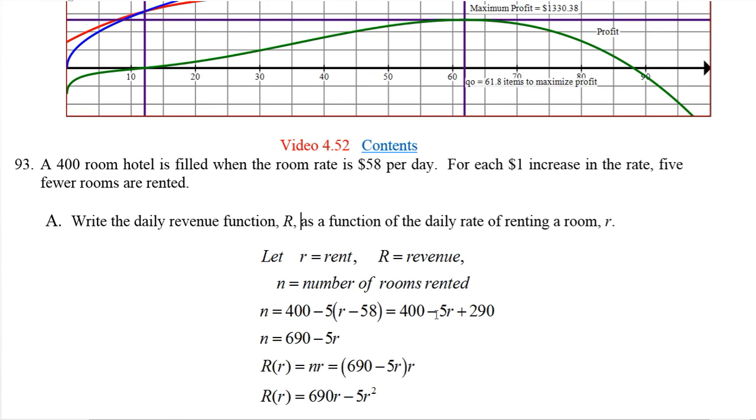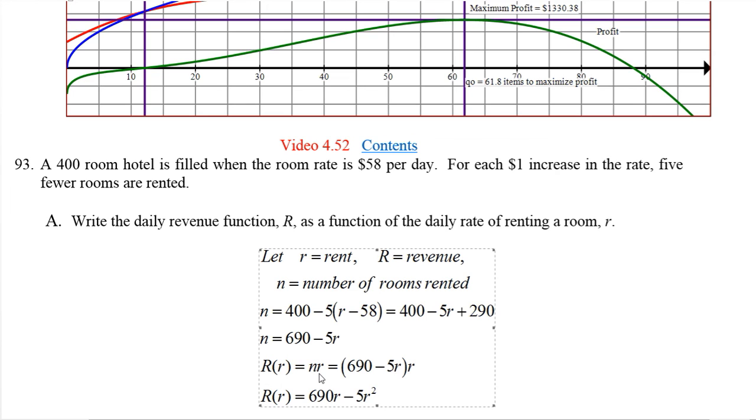If we work this out by distributing and combining like terms, this is the slope-intercept form of that same line. I just distributed the -5 and combined like terms. Now we know that in general the revenue function is the number of items, the quantity, times the cost per item, the unit cost. The unit cost for the room is the rental rate, r, and the number of rooms is n.